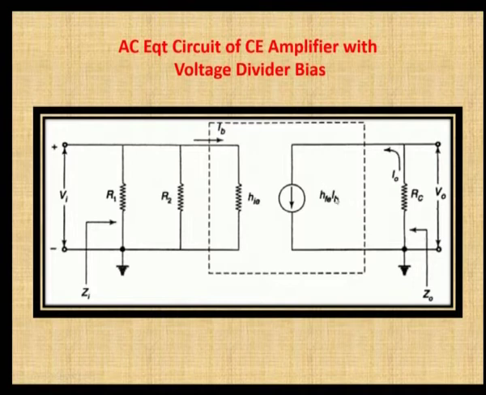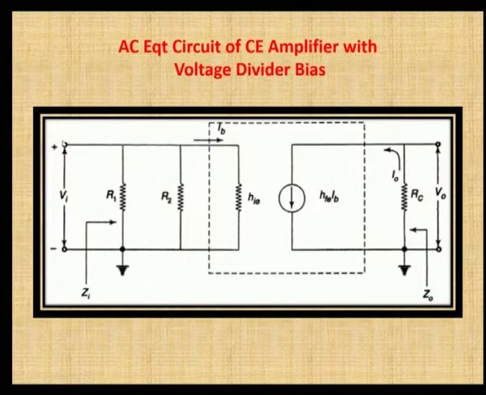If you replace HFE by IC by IB, the IB in the denominator and the IB in the HFE term get cancelled, and you only have IC. Since this current source is on the output side, this current is purely based on the output current IC. That is what you have to understand here.